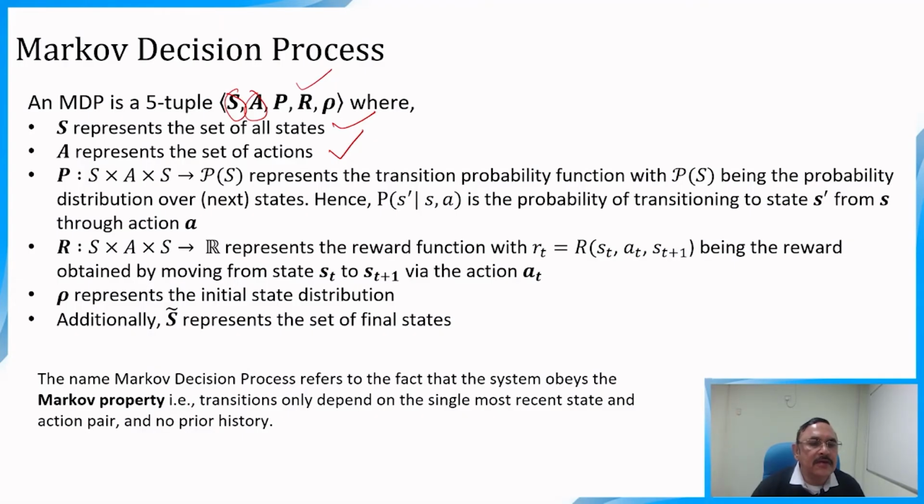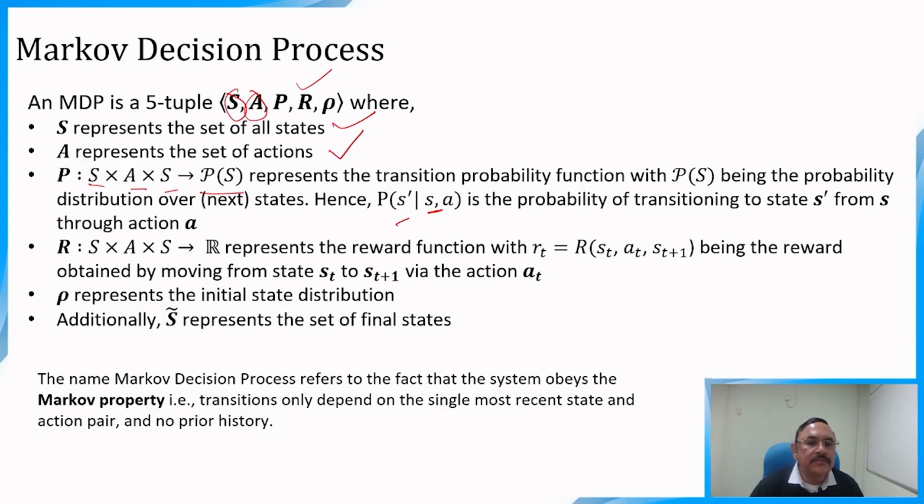So, that means given a state and given an action, it will make a transition to another state. It represents the transition probability, where P is the probability distribution over the next state. So, P of S prime given S comma A is the probability of making the transition from state S to state S prime through the action A.